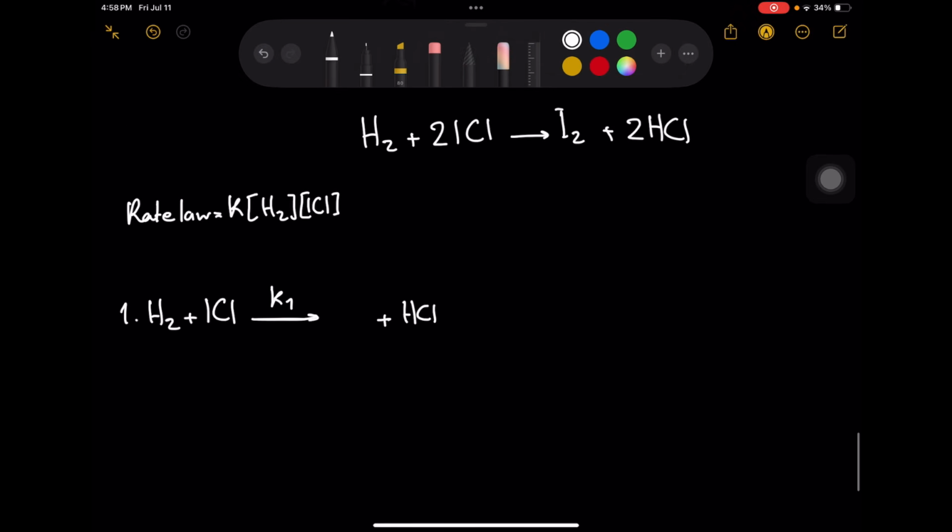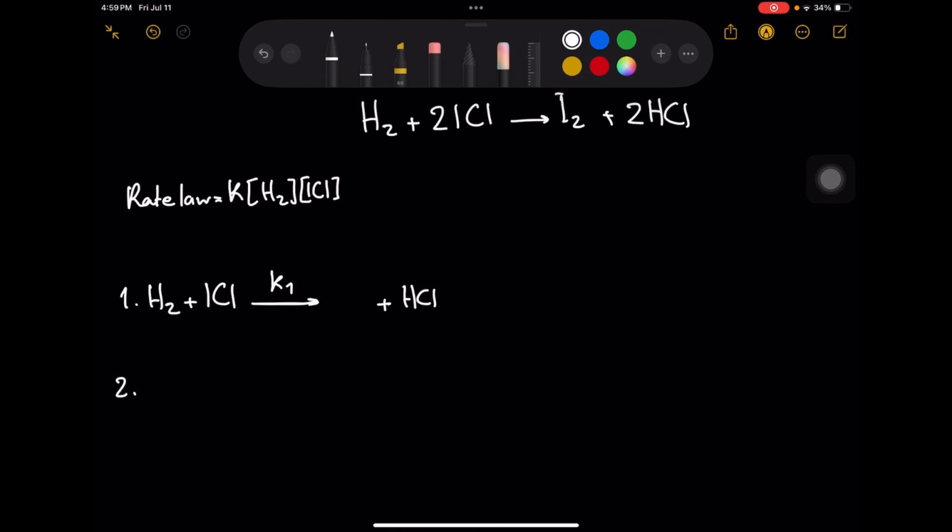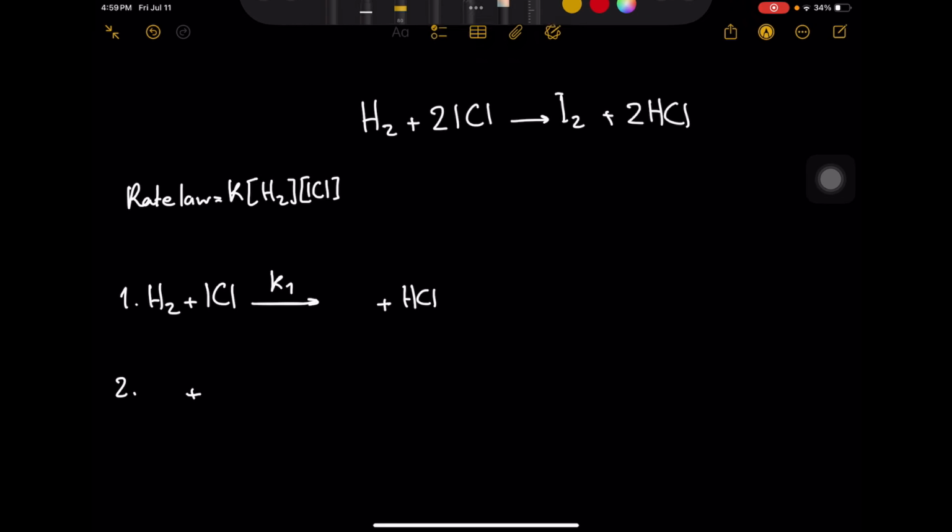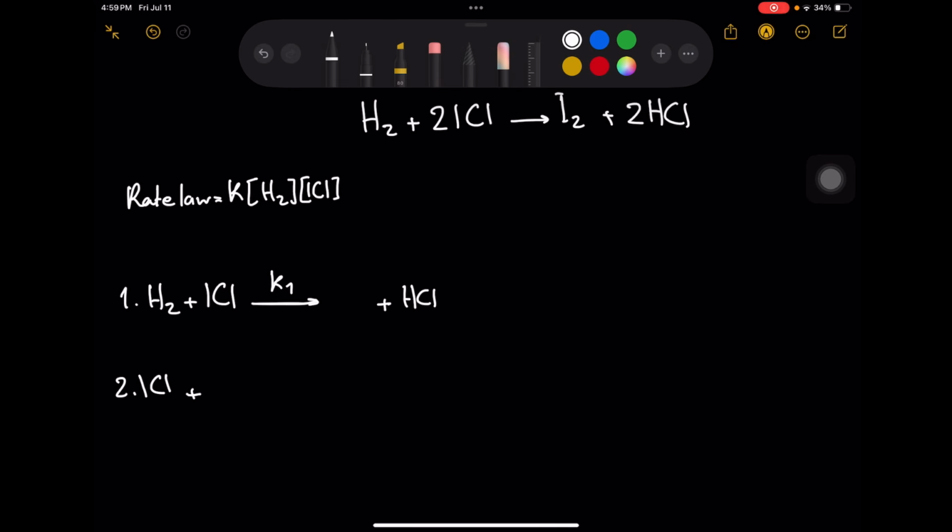And because we have HCl here, for our second step, we have that intermediate that's going to be consumed, plus we have ICl here. We have K2, and we have iodine plus, and again HCl.